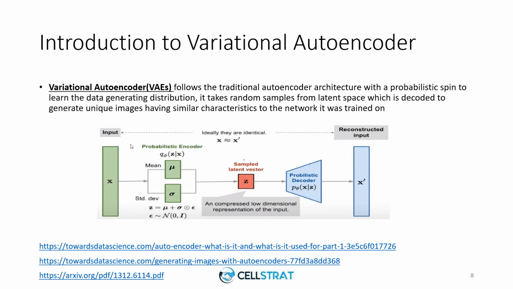The main difference from a primary autoencoder is that there you have discrete feature discovery happening in the encoder and then reverse feature reconstruction happening in the decoder. Here, instead of discrete feature discovery, you are using a probability distribution, basically sampling using mean and standard deviation, like a Gaussian curve.